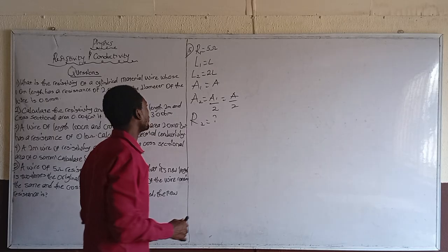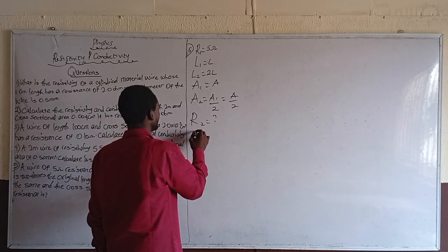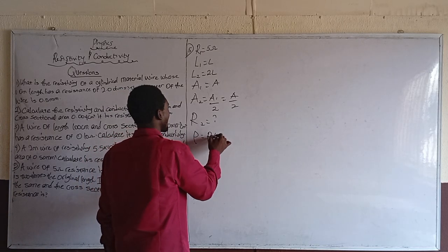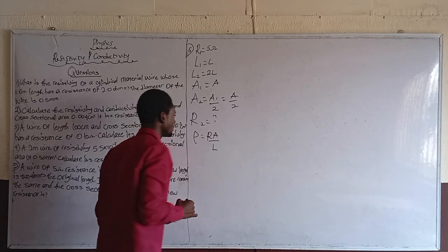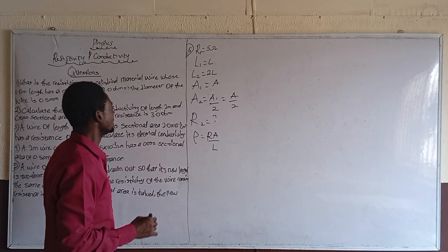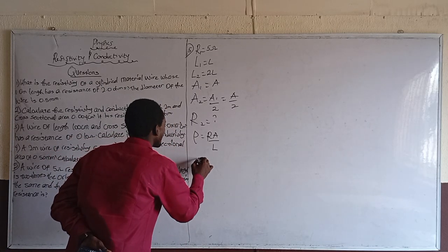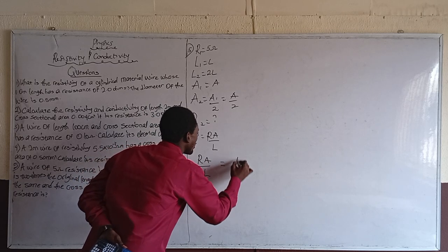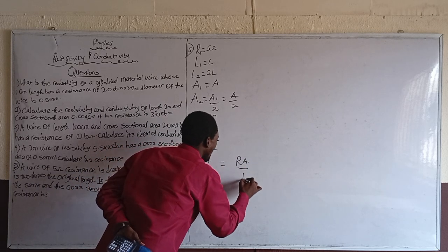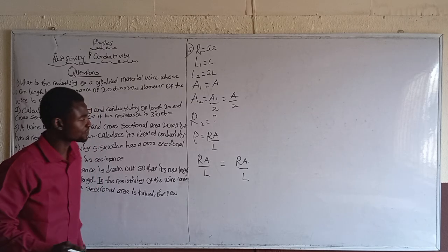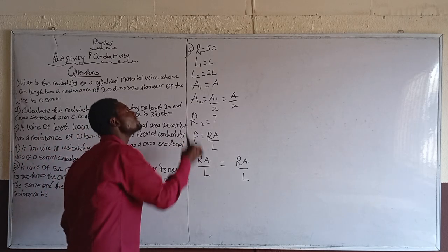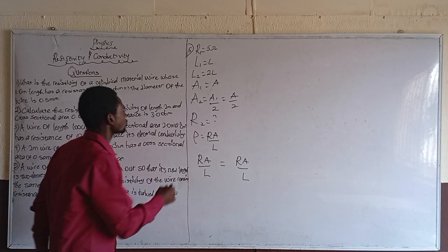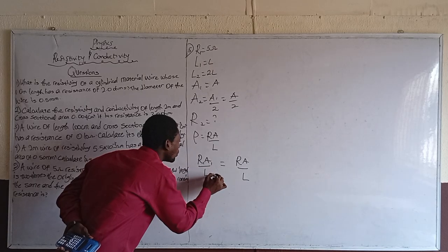So I'm looking for the new resistance. Now, I know that resistivity is RA over L. Now, then here becomes RA over L equals to RA over L. Now, don't forget that resistivity is what? Is constant. So I'll call this one 1, 1, 1.